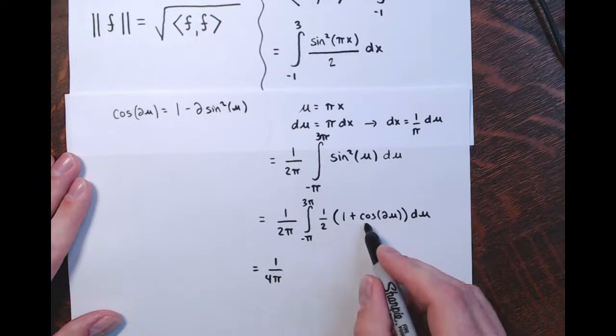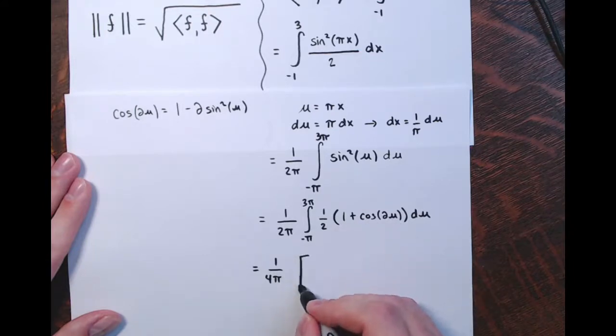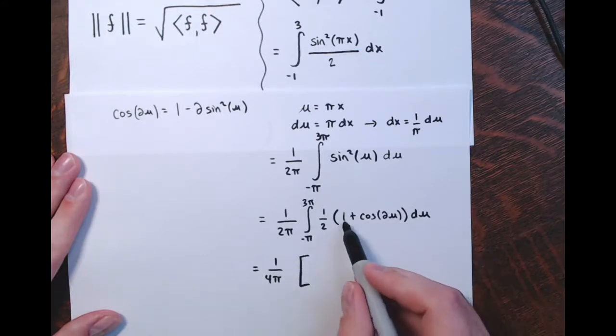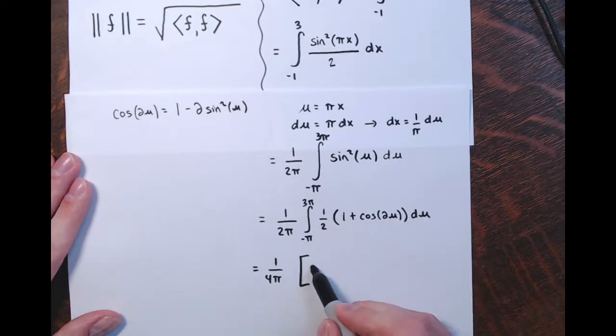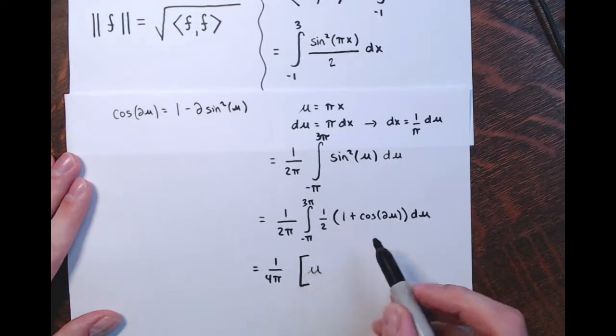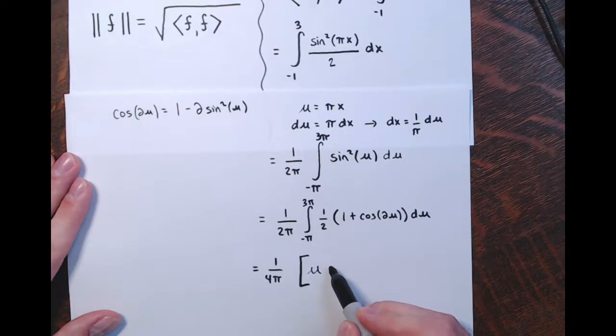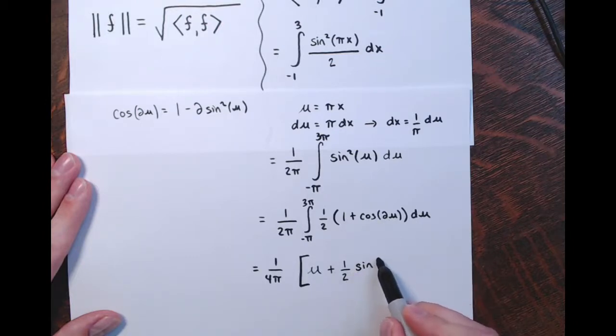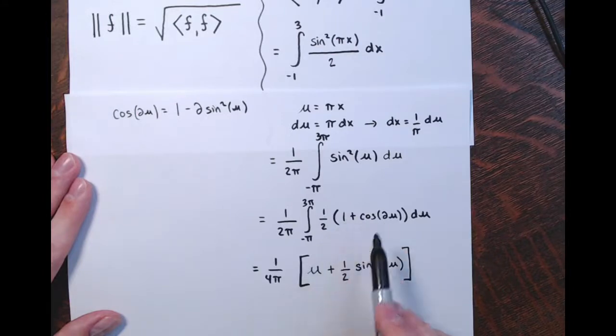And then I'll do the antiderivative of this, times, now I'm actually doing the integral. This is with respect to u, so we have u here, and then plus half of the sine of 2u. And the only reason I got the half there is because of the 2u. Imagine, you got to use the chain rule. If I differentiate this with respect to u, it's going to be 1 plus cosine 2u.